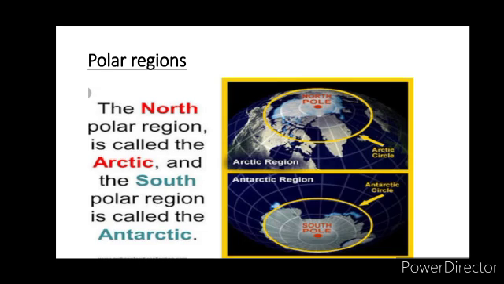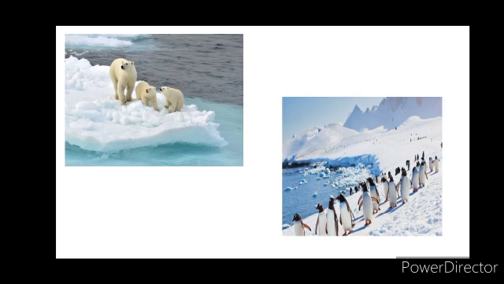The polar regions, the Arctic and the Antarctica, are the coldest places on Earth. Life is extremely difficult here. Polar bears inhabit the Arctic, while penguins are found in the Antarctica.